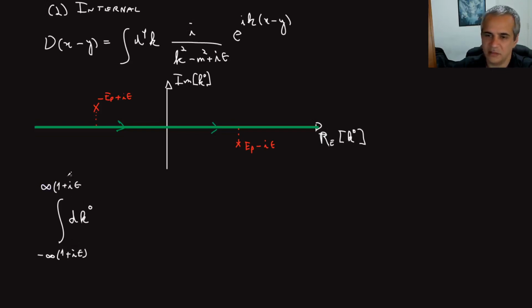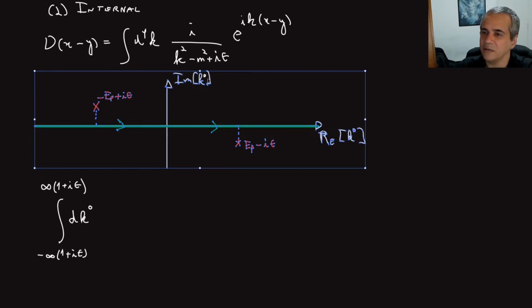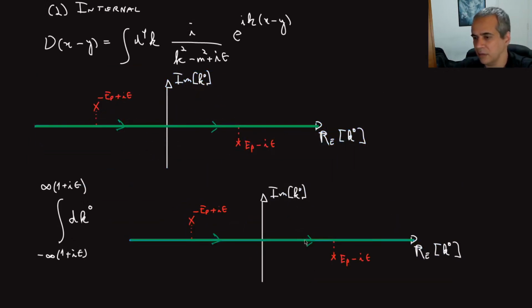Because these limits right here are the same as taking this integral over here and rotating this green line in the right direction.